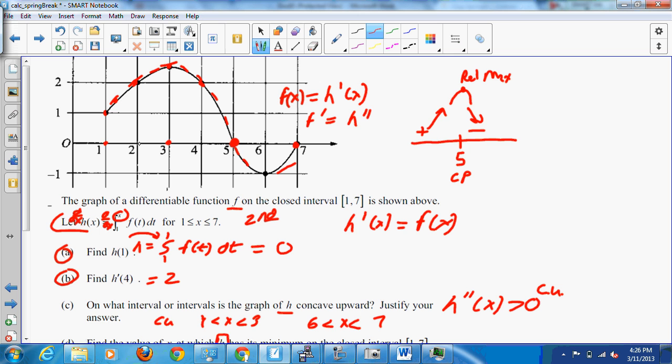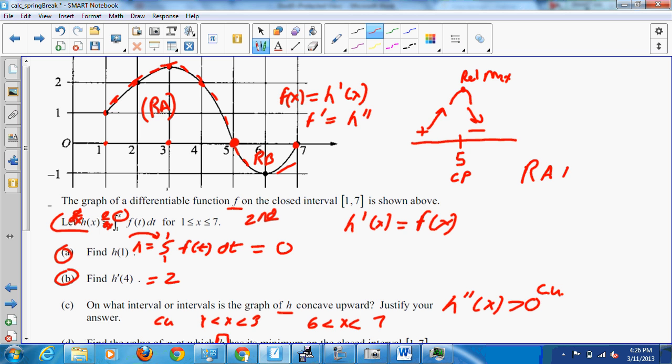Well, in this problem, we can't define these as line segments or semicircles or trapezoids or anything like that. So we're going to call this region A, and this is region B. So from 1 to 5, we have a larger area.